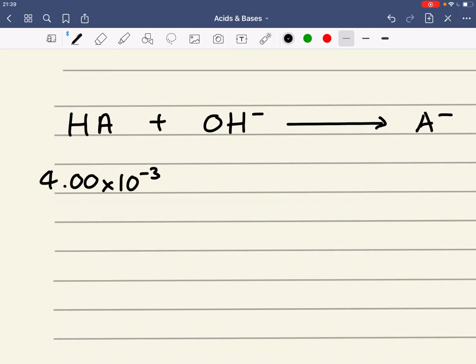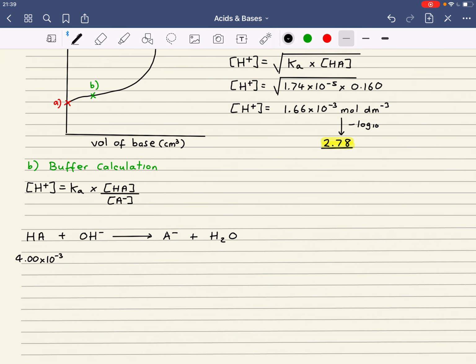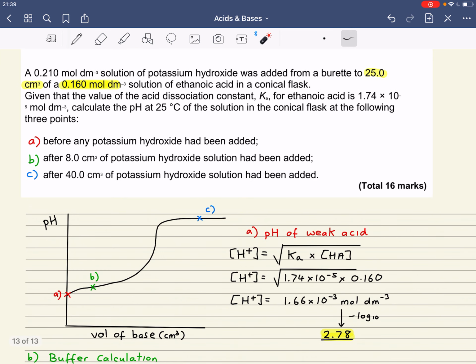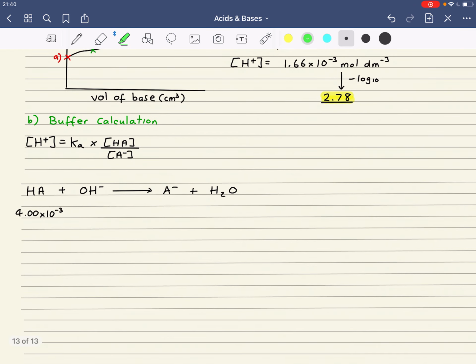I'm now adding hydroxide ions, and we need to work out the moles of hydroxide ions that we've added. We can work that out from the concentration of my OH minus and the volume. 8 times 10 to the minus 3 times 0.21 gives you 1.68 times 10 to the minus 3 moles.